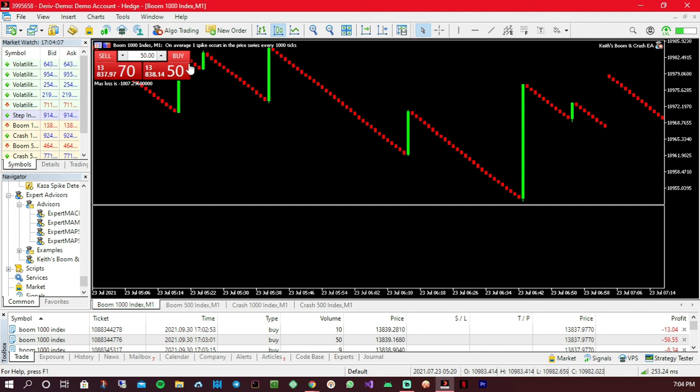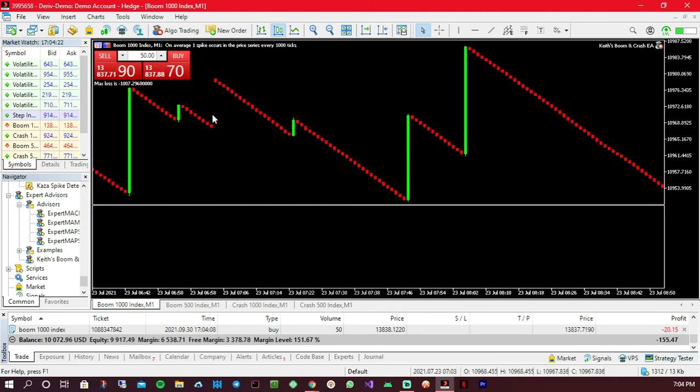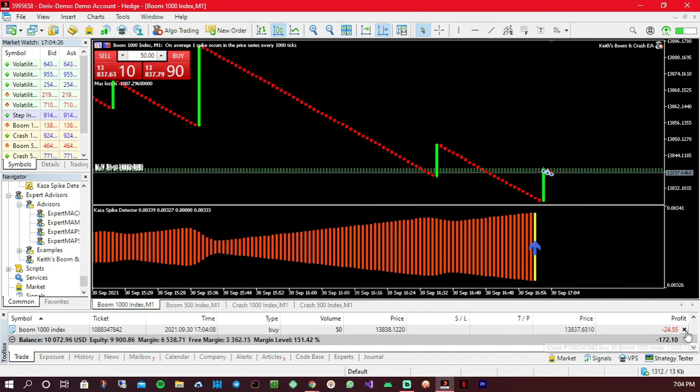So keep on clicking until it refuses to place a trade. As you can see, I've currently placed a lot of trades and I'm at negative 146. You have to place trades in different trend directions.